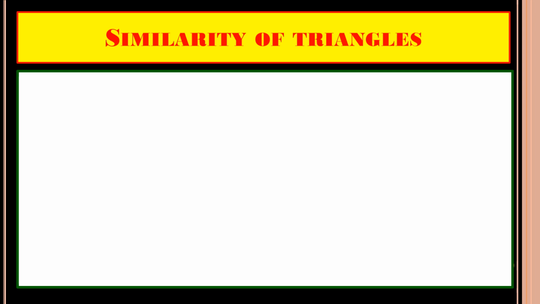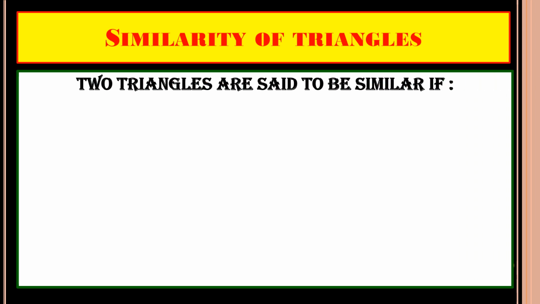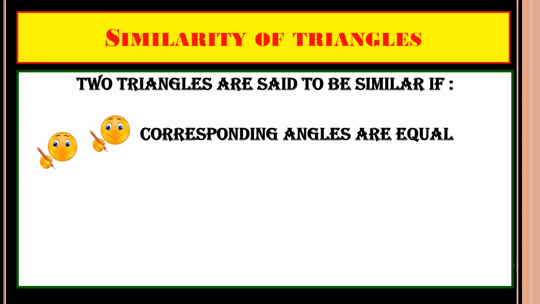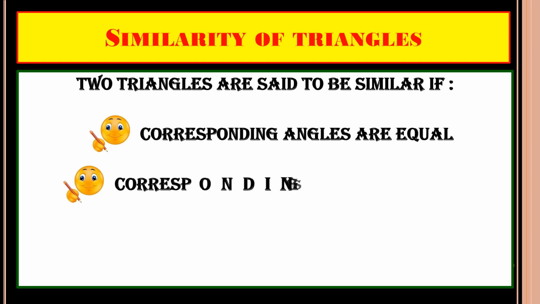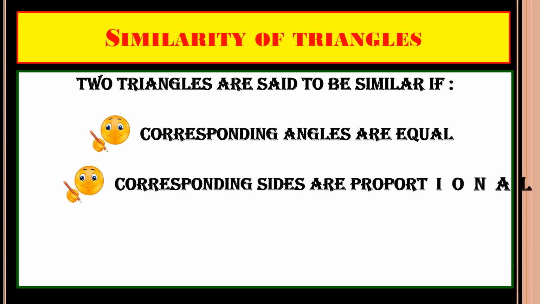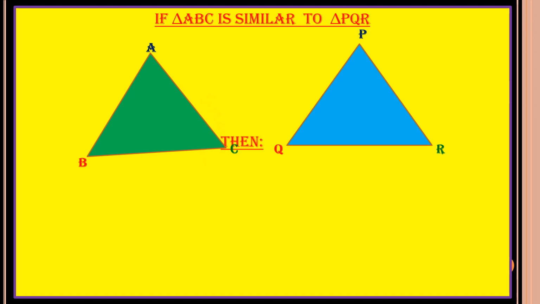Now, similarity of triangles is the same as similarity of polygons. Two triangles are said to be similar if their corresponding angles are equal and their corresponding sides are proportional. Then the triangles are similar. Let's understand it with the help of two triangles ABC and PQR.